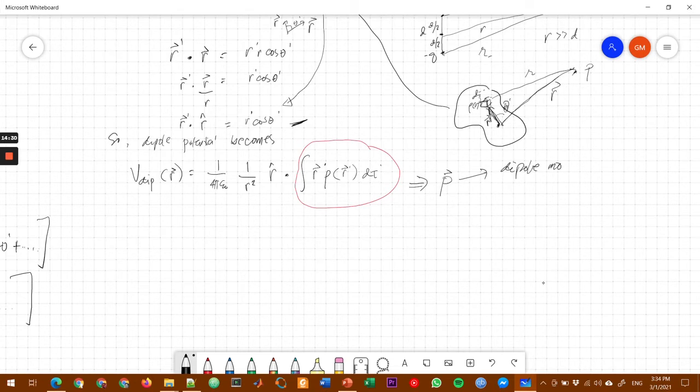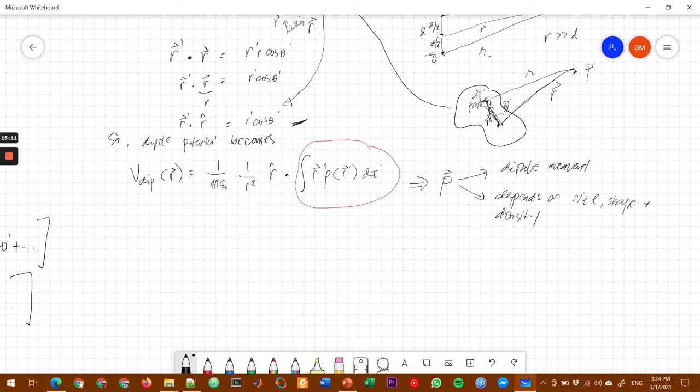This dipole moment depends on the size, because as you can see, the dipole moment is the integral of r prime and the charge distribution, the density. So of course it depends on size, whether it is spherical or cylindrical or a line charge. So it depends on size, shape, and density. Okay, that's for your dipole moment.